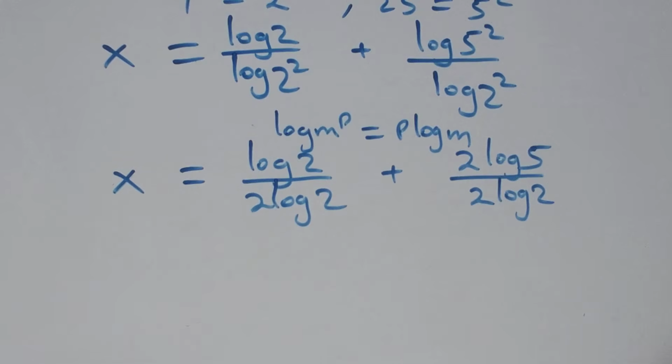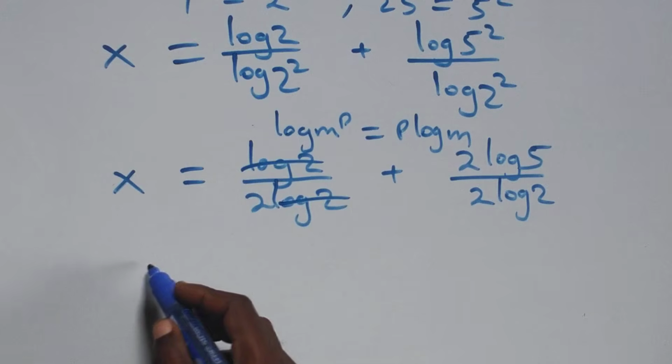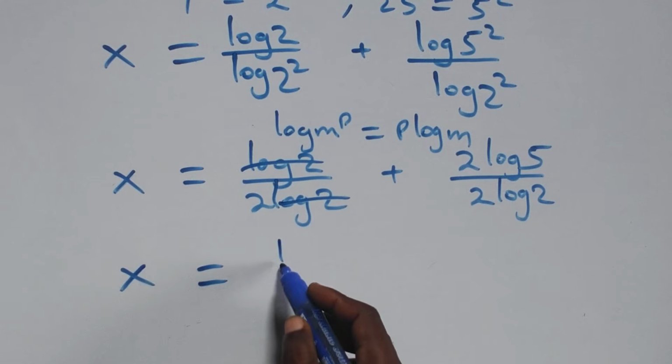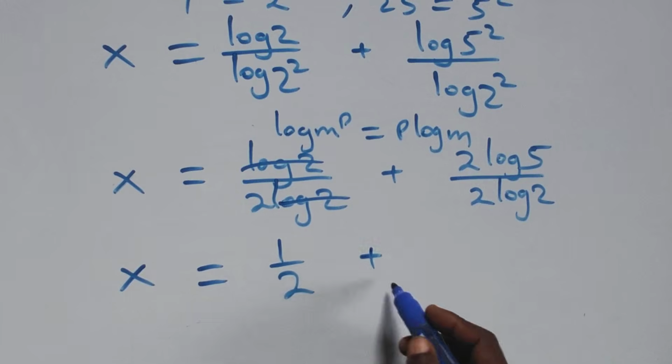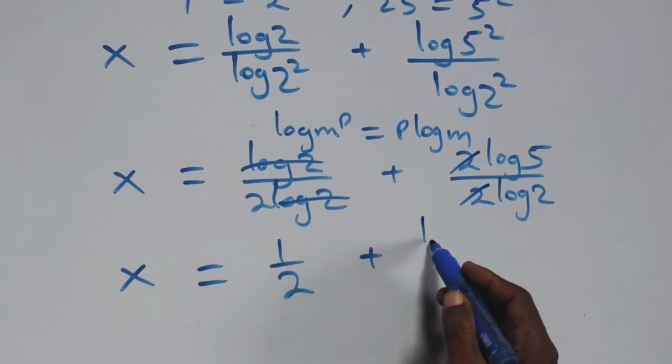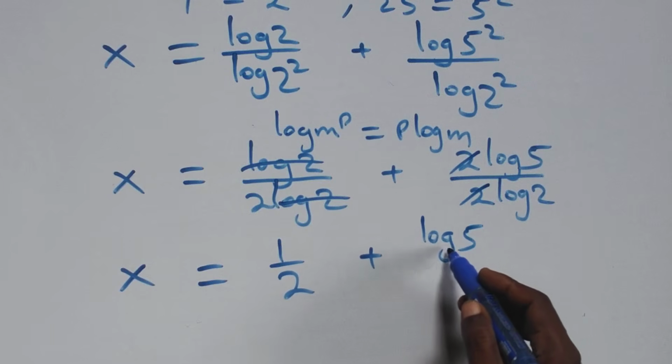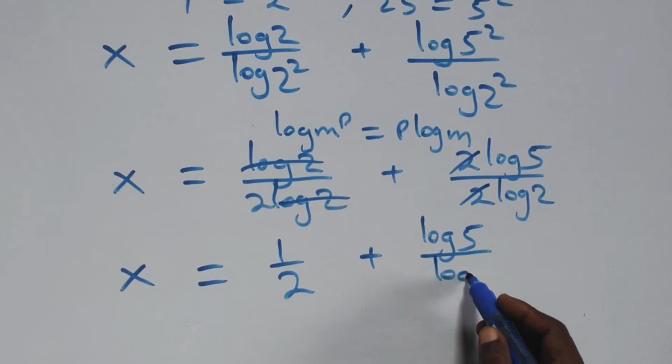That is, log 2 cancel each other. We have x equals 1 over 2 here, plus here we have 2 cancel each other. Remain log 5 over log 2.